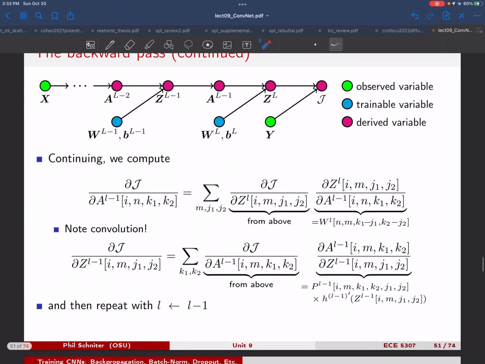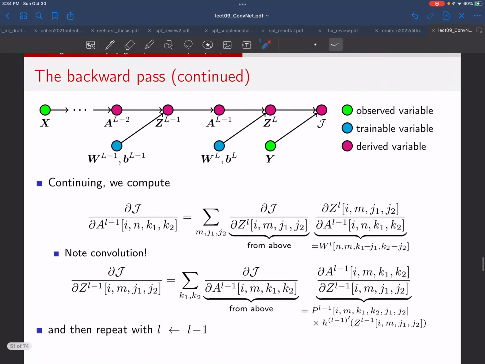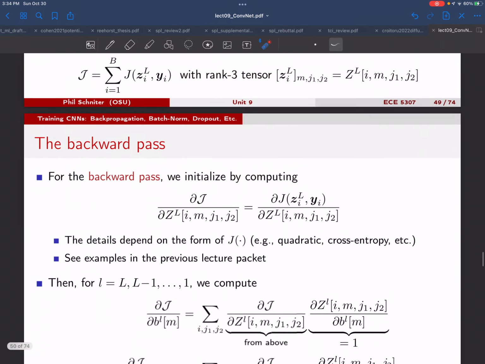All right, so that's DJ DAL, and then the next thing is DJ DZL minus 1 here, which we can do as DJ DAL minus 1 times DAL minus 1 DZL minus 1. This first term we computed above, that's done. And the next one is DAL minus 1 DZL minus 1. This is not too difficult.